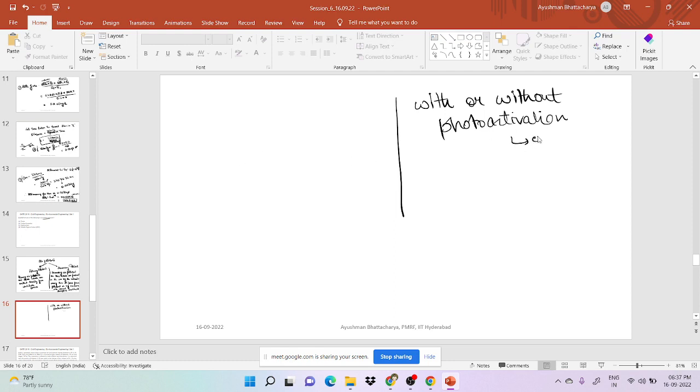Photoactivation is basically energy from sunlight.